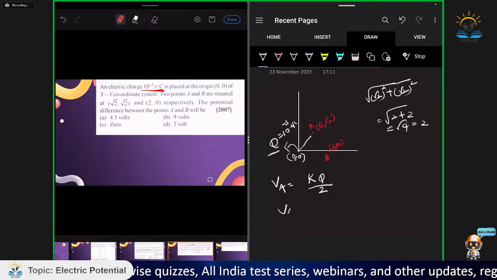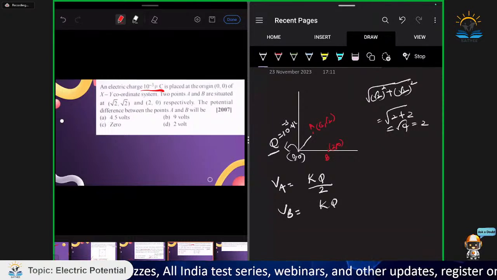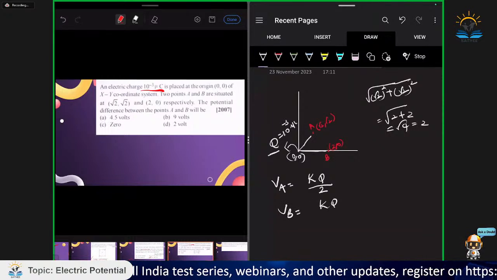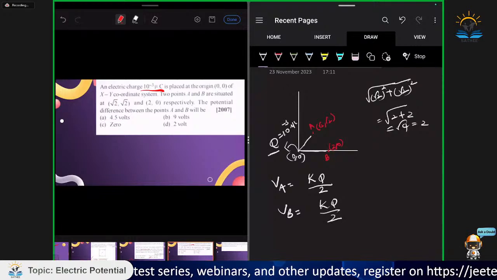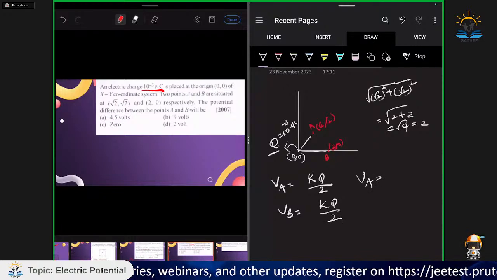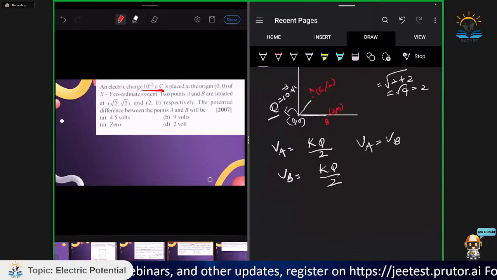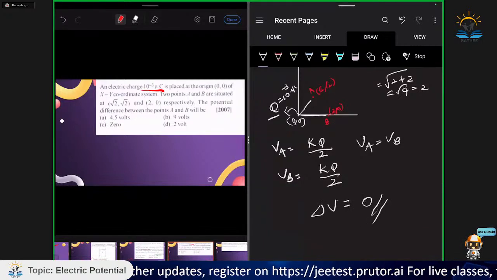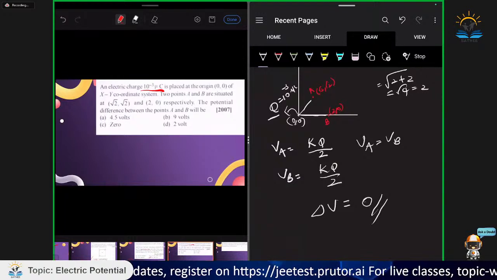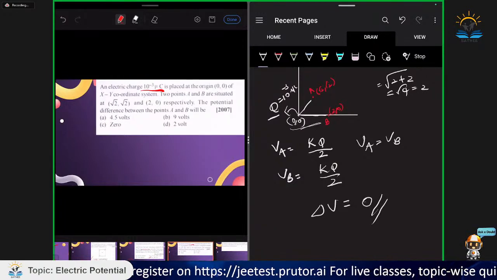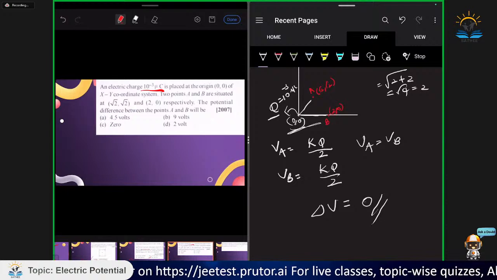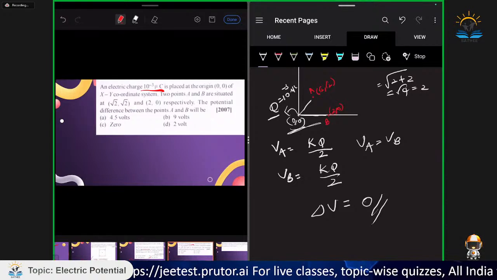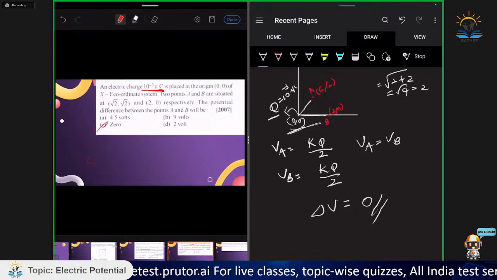And VB will be KQ upon this distance, that is also 2. That means VA is equal to VB. So the potential difference will be 0 only. Why? Because both points are equidistant from the charge. So the answer is option C, 0.